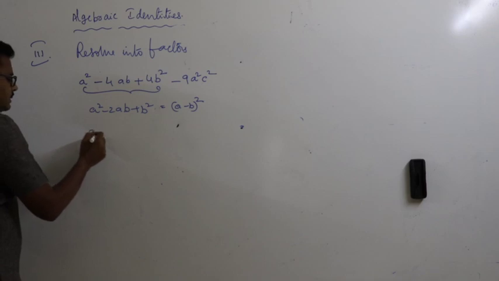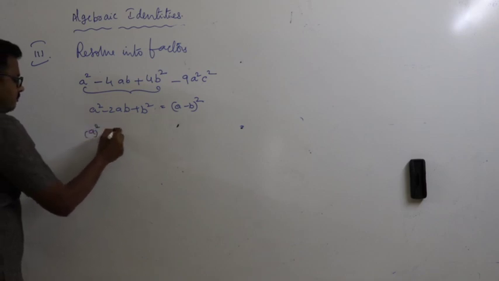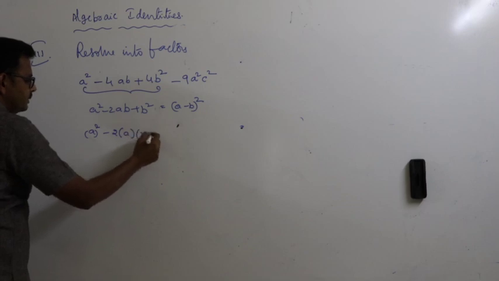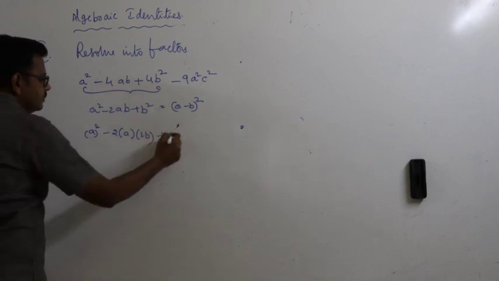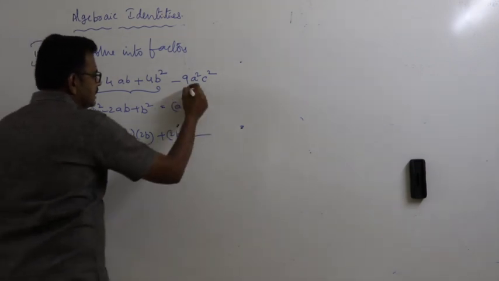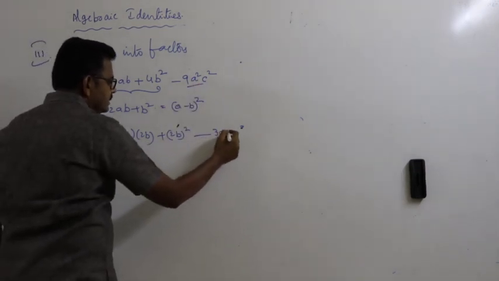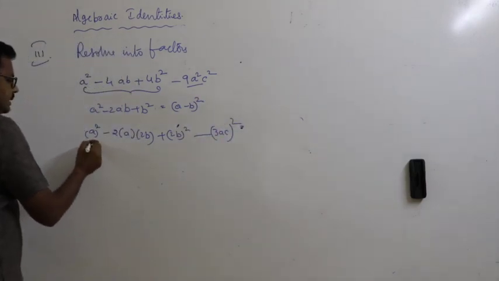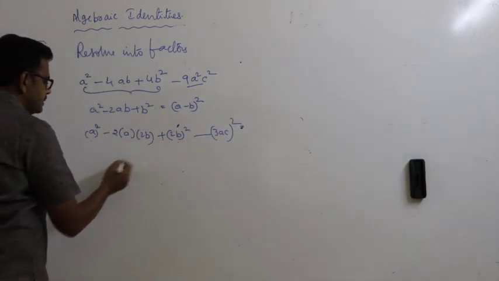So this is a square, a whole square minus 2 into a into 2b plus 2b whole square, minus this is 3ac whole square. So this is a square minus 2ab plus b square.